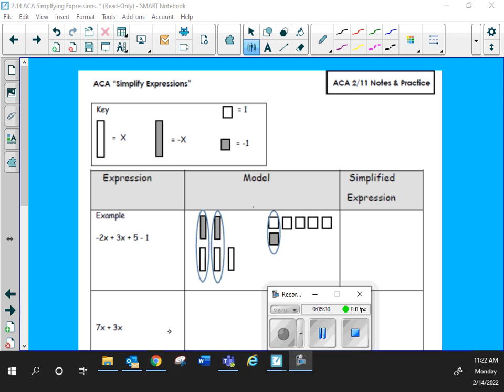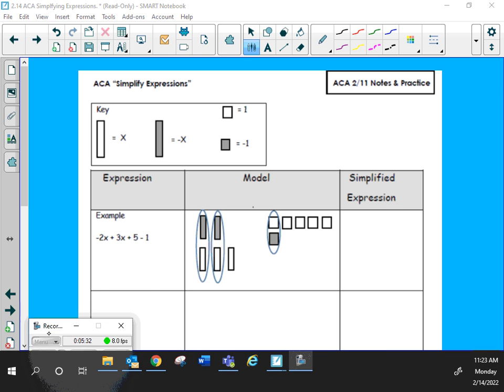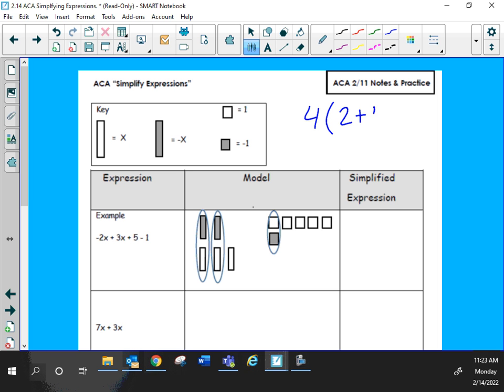All right, so what we're going to be talking about today is called simplifying expressions. We sort of talked about this in loose terms, but we're going to connect everything. Simplifying expressions is like combining like terms with like terms. If you remember when we did distributive, Ms. Lytle said if we had 4 in parentheses 2 plus 4x, we can't add those two things because that's like the popcorn and the soda.